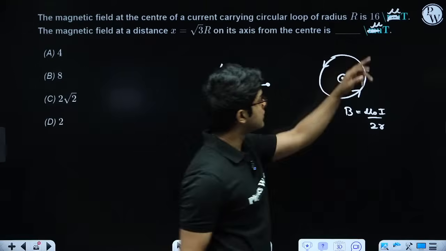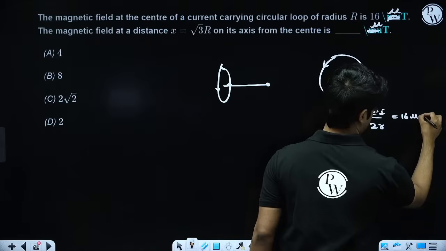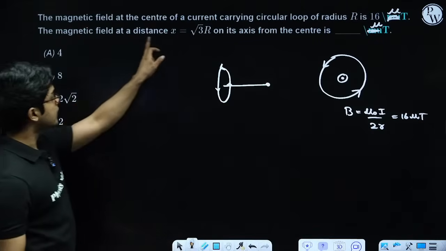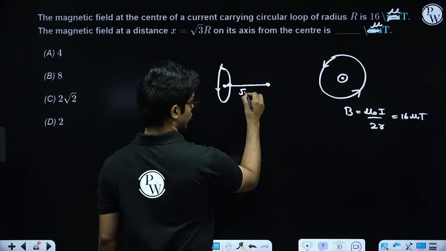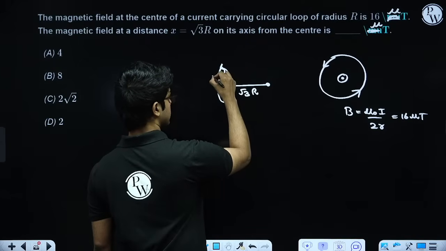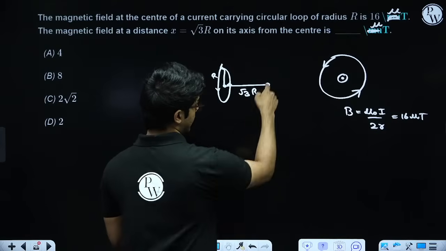This is given to be 16 mu Tesla. Okay, and then the question is, we need the magnetic field at x equal to root 3R. So this distance is root 3R. This is of course R. And we need the magnetic field due to this wire at this location.